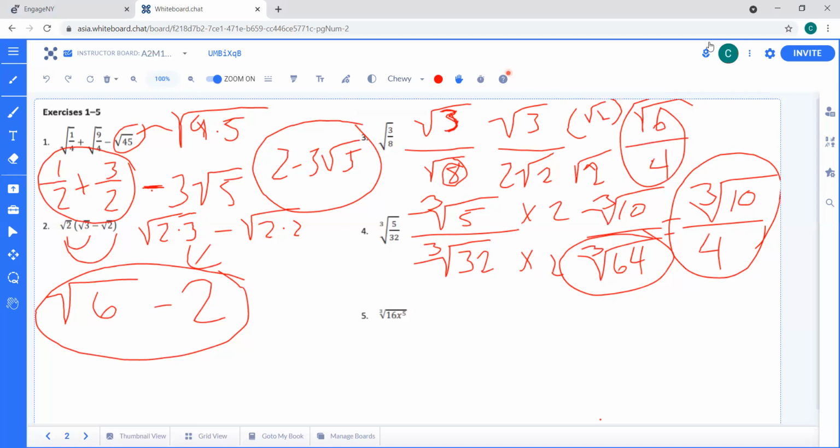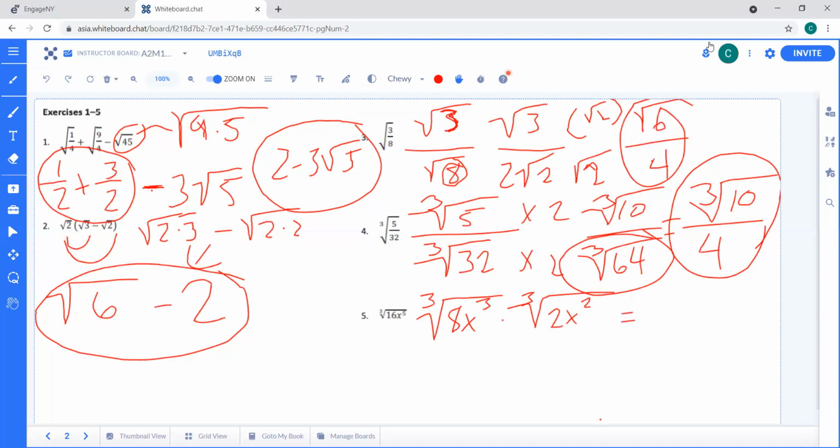What can we do here? Okay, we're going to divide. We're going to break it apart and say the cube root of 8x cubed times the cube root of 2x squared. Okay, because we've got to have 5 for our exponents. So we would add those to get 5.